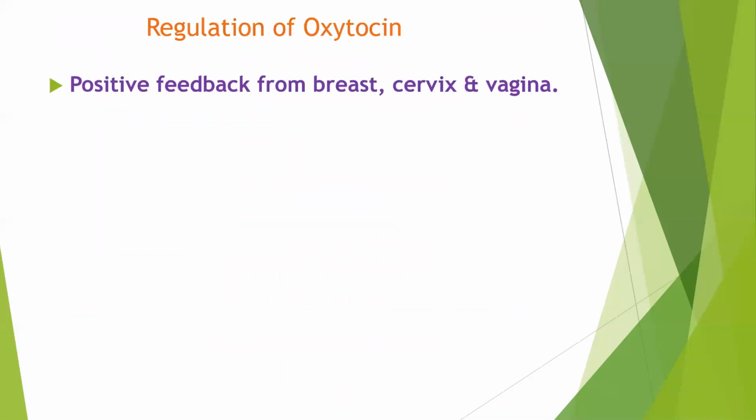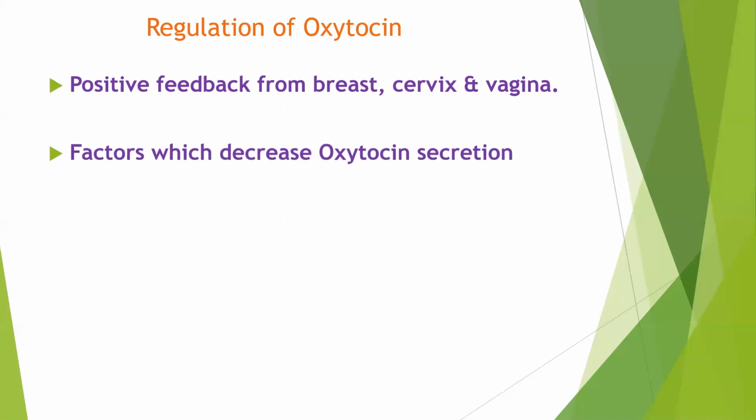Coming to the regulation of oxytocin. The first part we have already understood: positive feedback from the breast during suckling and the milk ejection reflex, and positive reflex from the cervix and vagina during parturition. These are the positive feedback mechanisms in the regulation of oxytocin.